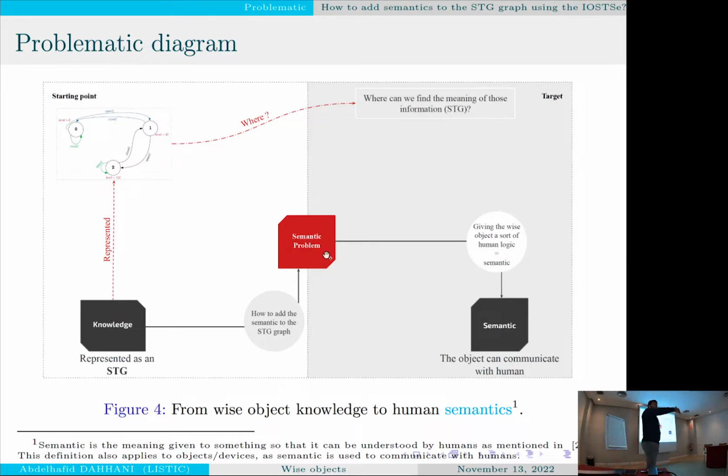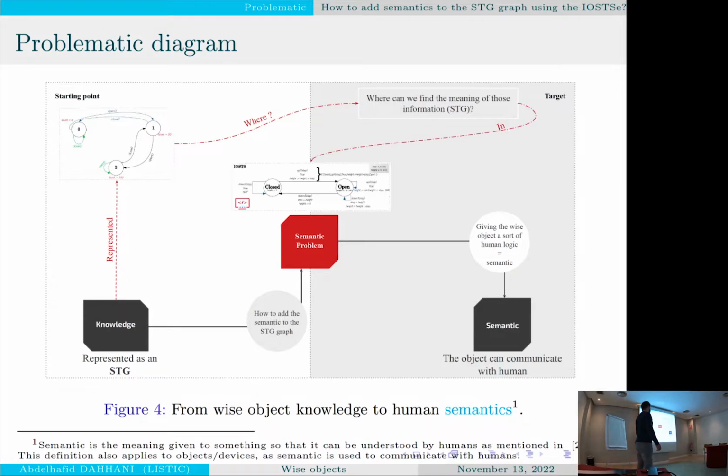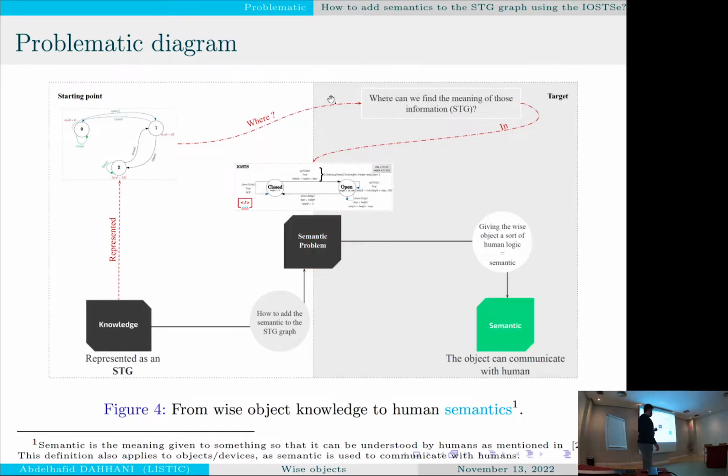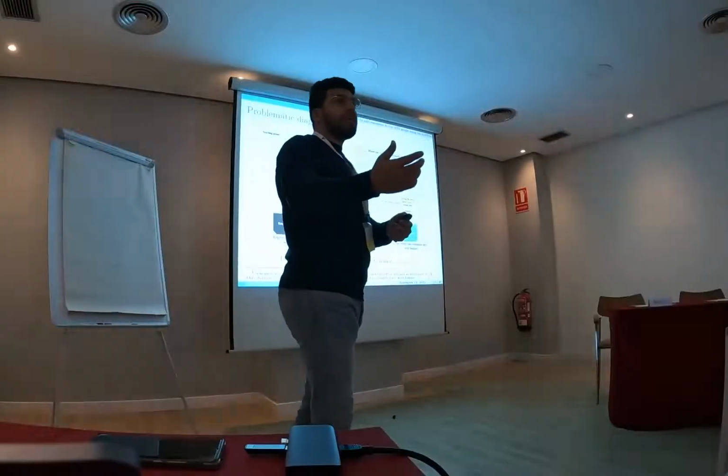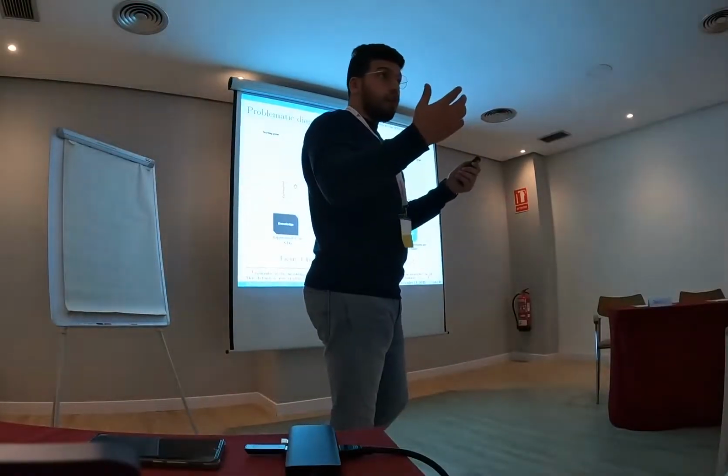The semantic is adding meaning to information that is meaningless to a human. So semantic is giving sense to something. And the answer was in the IOSS, which gives the meaning of the system. All of this process is to give the object the ability to carry semantics, and that implies communicating with humans.